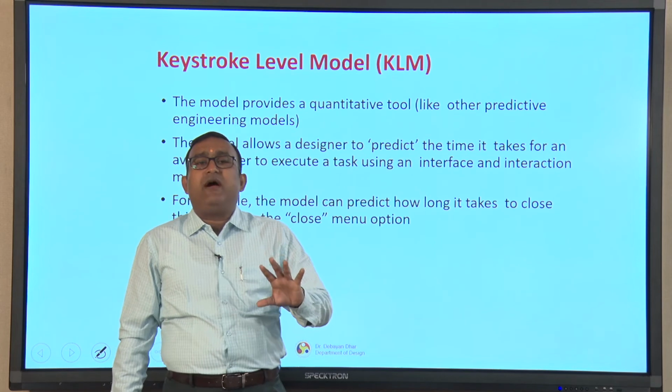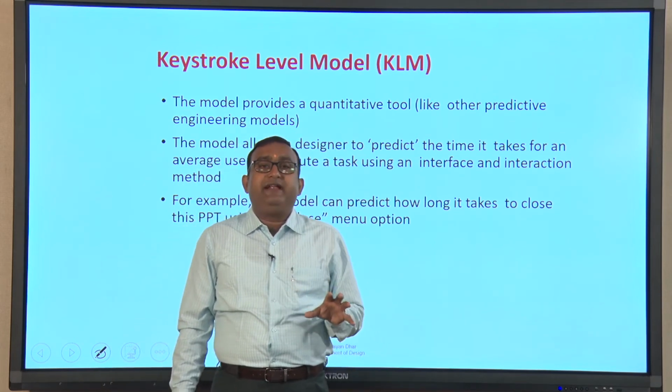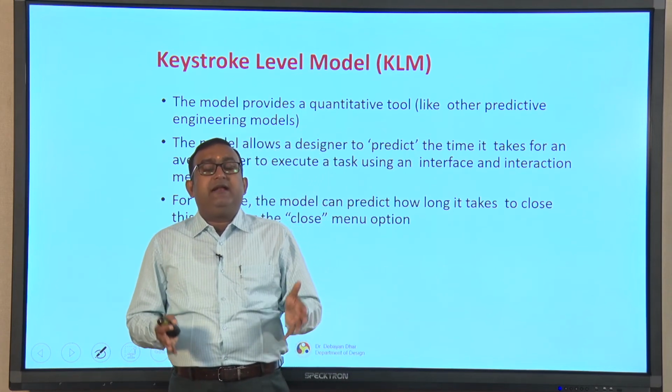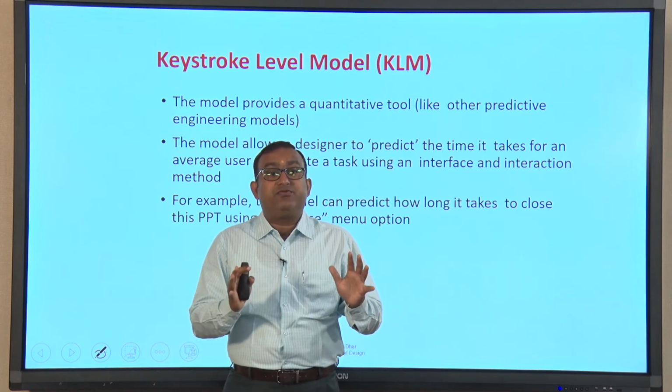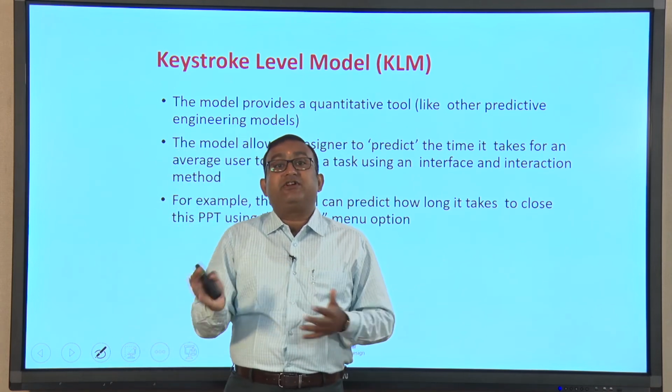The model is a quantitative tool, like other predictive engineering models. The model allows a designer to predict the time it takes for an average user to execute a task using an interface and interaction method.